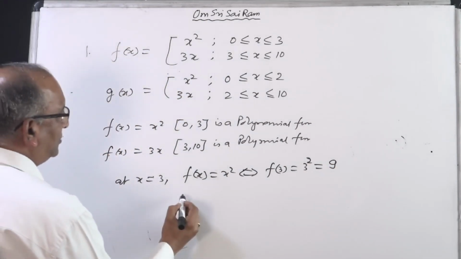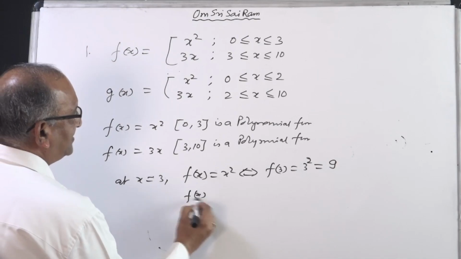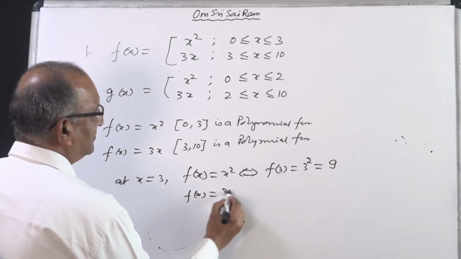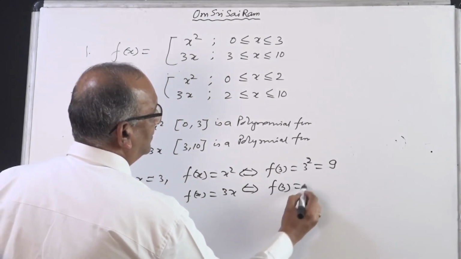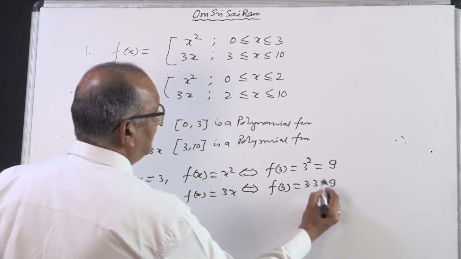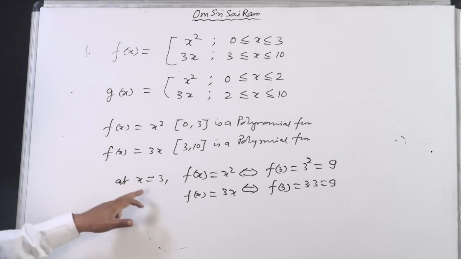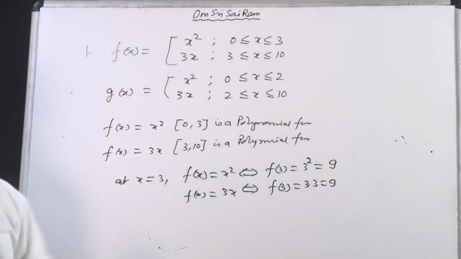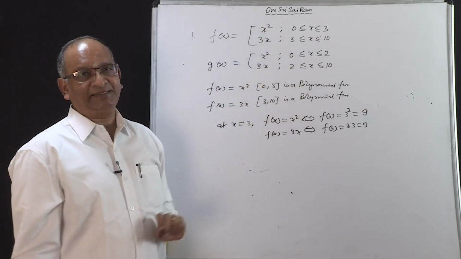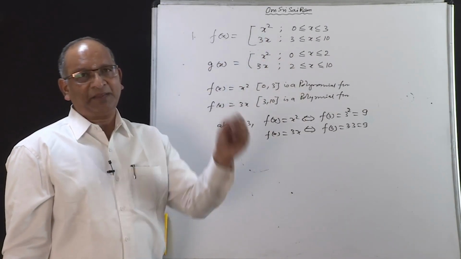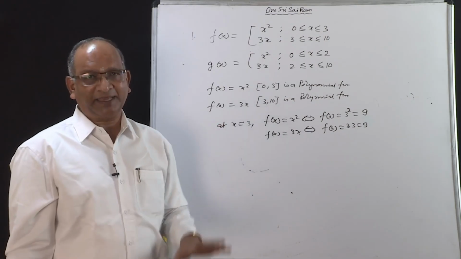Same at x equal to 3, the second one f(x) equal to 3x also gives you 3 into 3, 9. Means what? 3 has got image 9. Even though the function is changing, 3 has got image 9 only in both the cases.